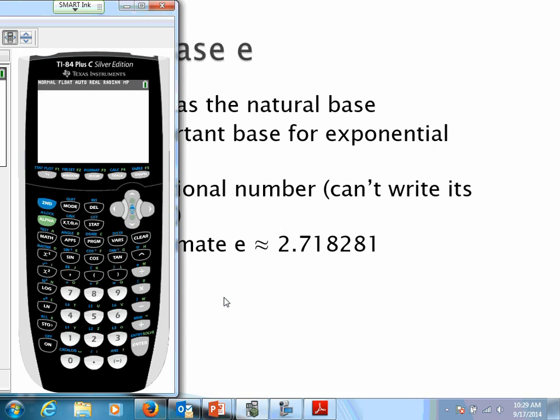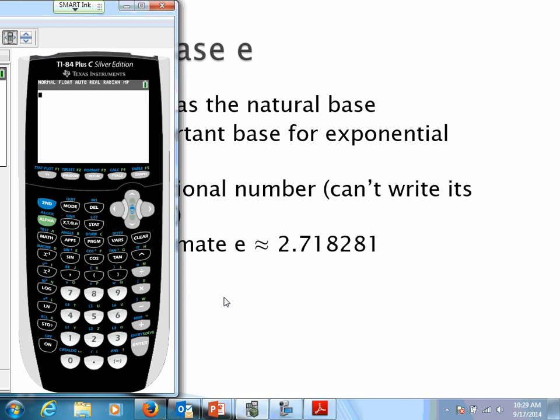This chapter, you get your calculator back when it comes to tests and quizzes. Okay? There will still be times where we'll bounce back and forth. We'll have some tests or some quizzes where it's part calculator, part non-calculator. All right? But we need to exercise the greatest calculator that you have available to you, and that's your mind. Okay? So there will be times where those calculators are off limits, but this chapter, you get them back.